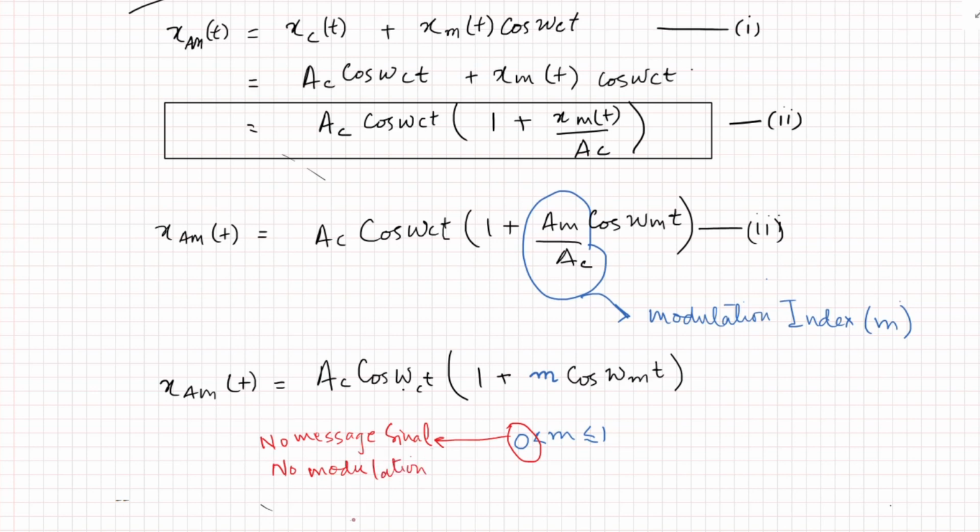The modulation does not occur because the modulating signal does not exist, while the value of 1 represents 100% modulation. This also represents the ideal case, which is desired in amplitude modulation, or it is also the best case which is desired for the complete recovery of the transmitted signal.